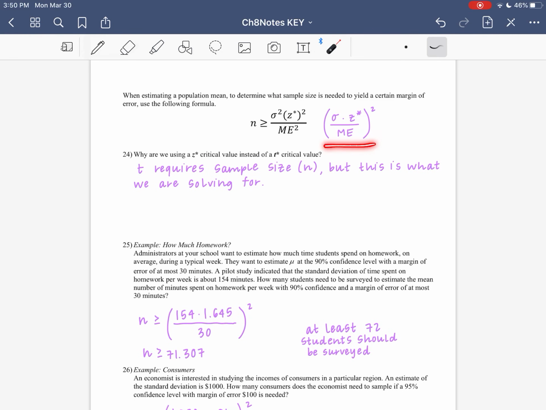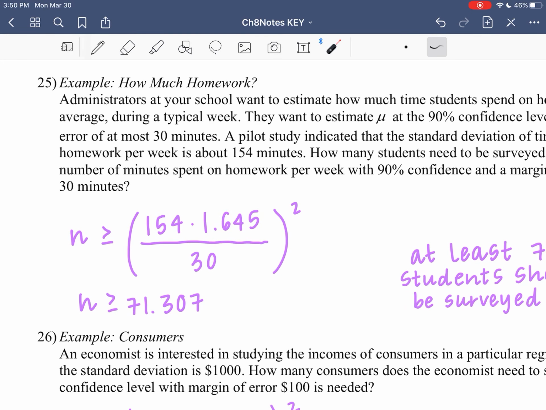So again, using our formula up here, I'm going to use this condensed version. Our standard deviation times our critical value. So our standard deviation, we're using that 154 from our pilot study. Our critical value, remember, we can't find a t because we don't even know the degrees of freedom since we don't know our sample size n. So we're going to use a z-star instead.